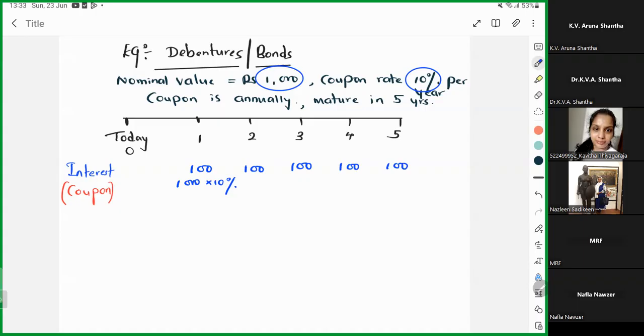So one cash flow is the coupon payments. Then after 5 years' time, the debentures are matured. The meaning is the company has to pay back the investors. So in 5 years' time, debentures are matured. Right. So the company has to pay back the nominal value.